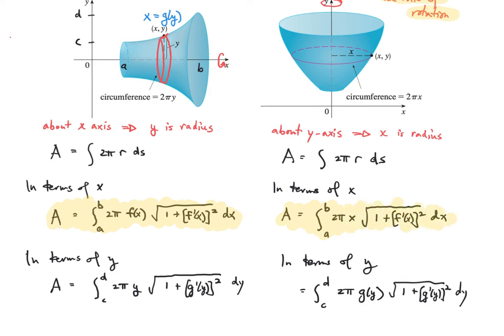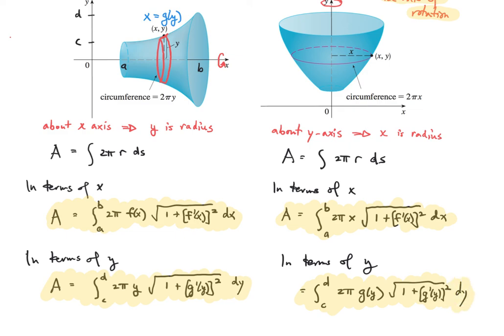In terms of y, when we rotate about the x-axis, we get a new formula over here. And in terms of y, we get a new formula when we go about the y-axis like this.